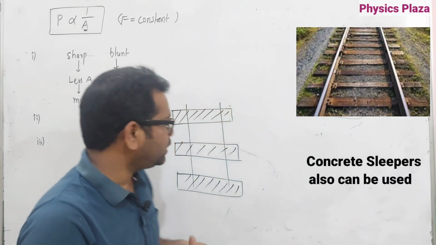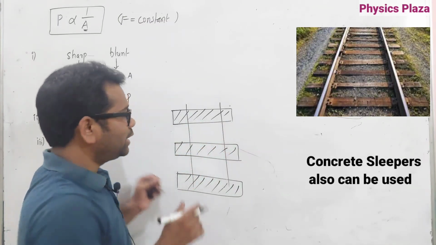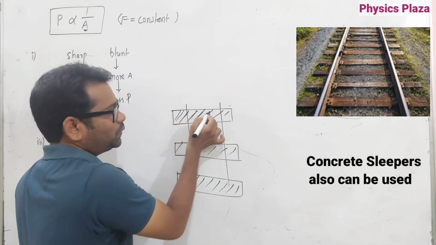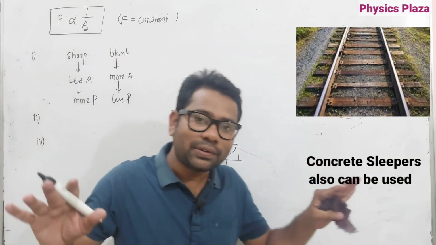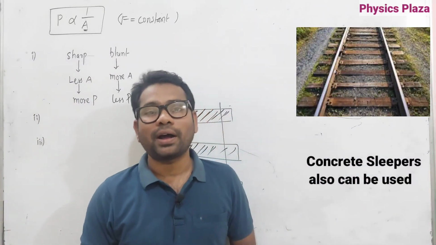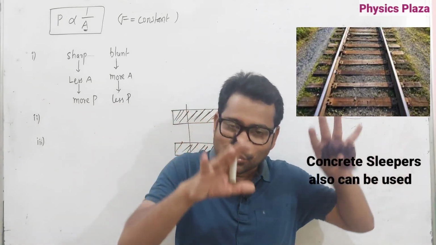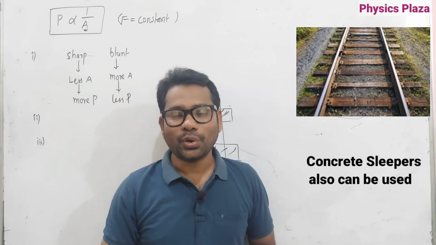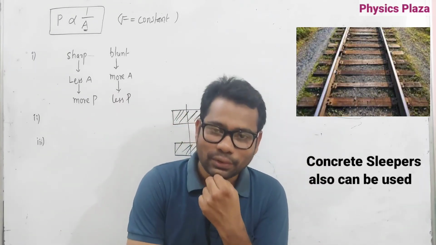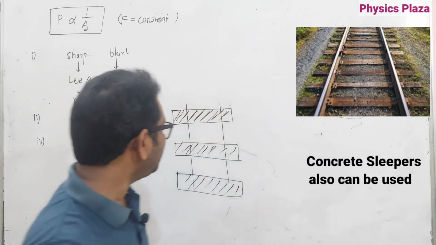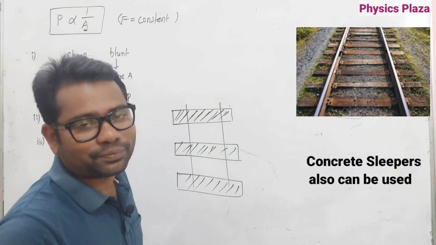As we provide these wooden sleepers, look at the surface area. Together they provide a large surface area, thereby the pressure acting on the rail track is decreased. Okay, children, this is very important. These are a few applications, meaning how they may ask you the question in the exam.